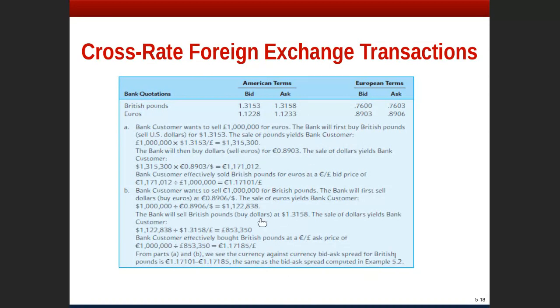You may want to spend some time on this to confirm that that is indeed the case. Again, from parts A and B, we see the currency against currency bid ask spread for British pounds is that much, which is exactly the same thing that we found in the earlier slide. Okay, the example 5.2. Again, you may want to confirm that.